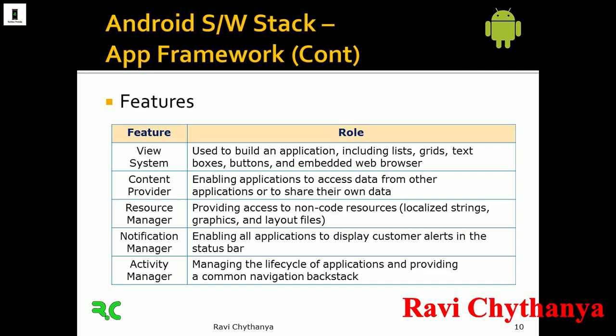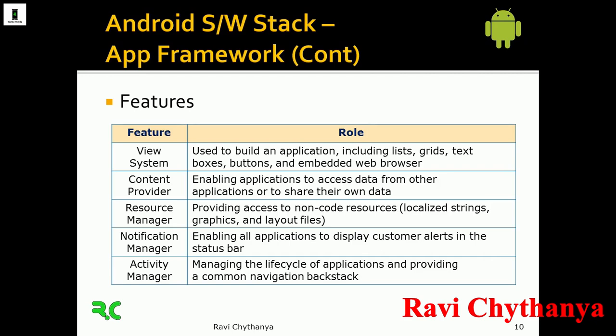The resource manager provides access to non-code resources like localized strings, graphics, and layout files. The notification manager enables all applications to display custom alerts in the status bar. The activity manager manages the life cycle of applications and provides a common navigation backstack. We are going to use these features to develop applications in the future.